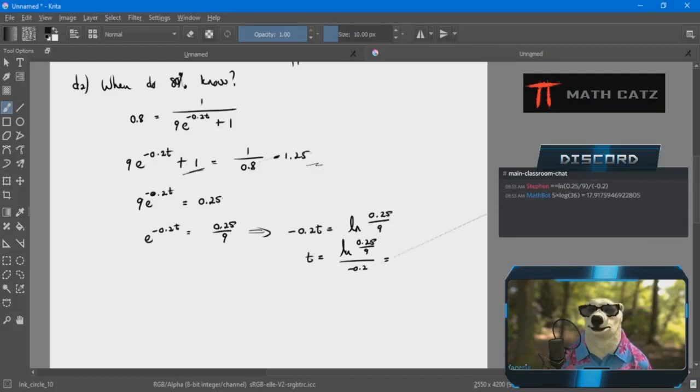MathBot says 17.9176. So approximately 18 days. And then 80% of the people will know the rumor.